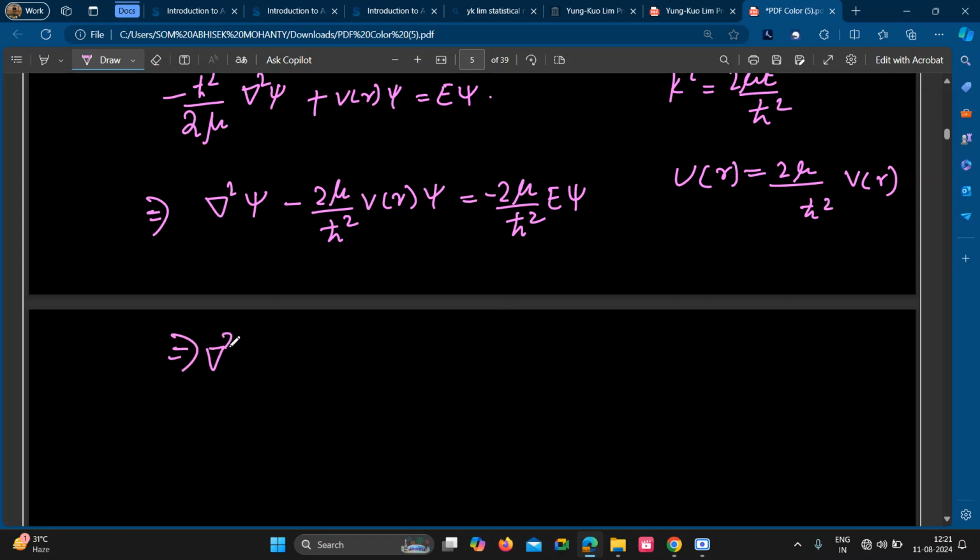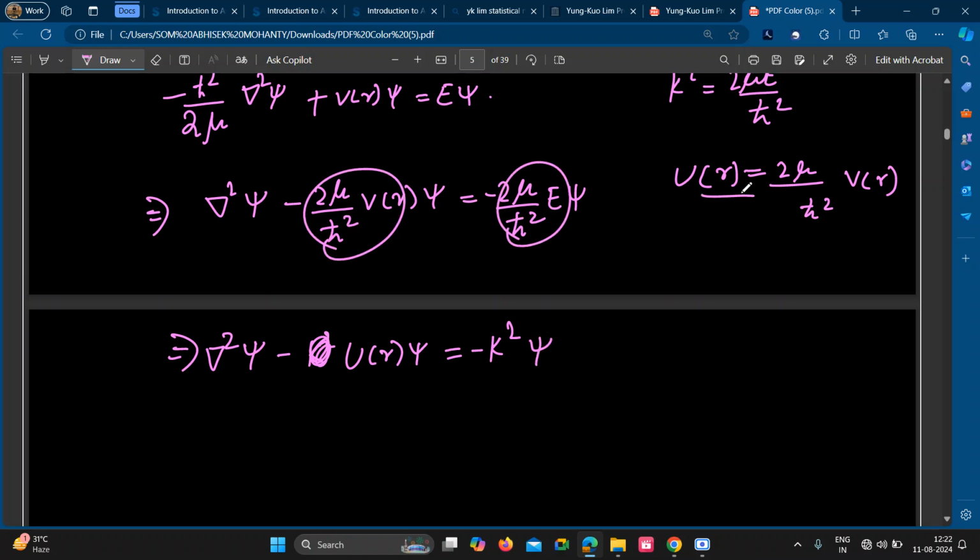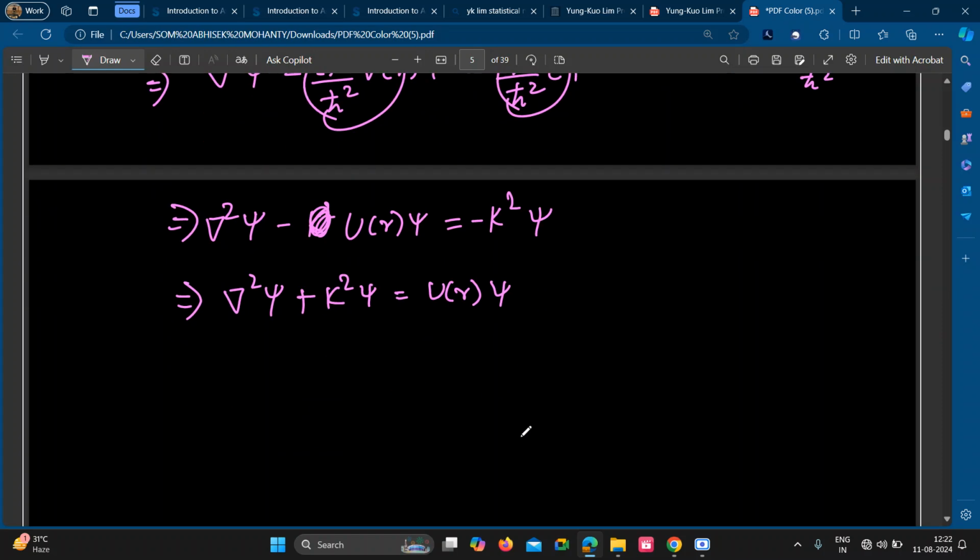So del square psi minus U of r psi is equal to minus k square psi. Let's alternate the sides: del square psi plus k square psi is equal to U of r psi. So I can write del square plus k square, whole psi, is equal to U of r psi.